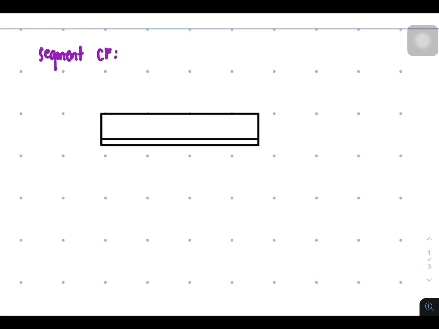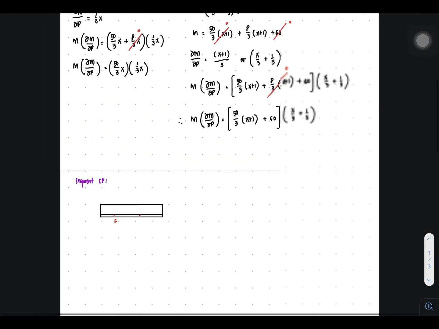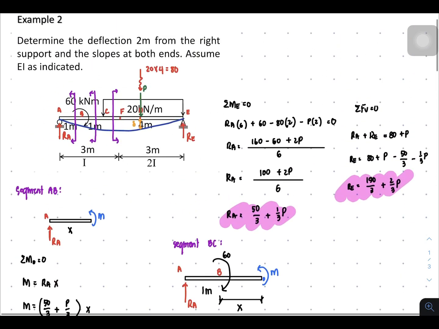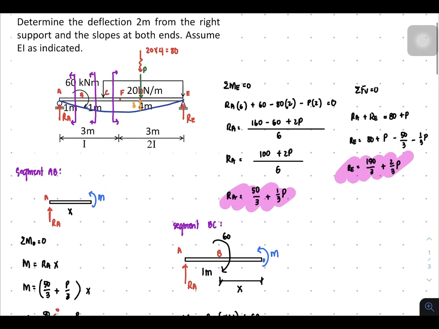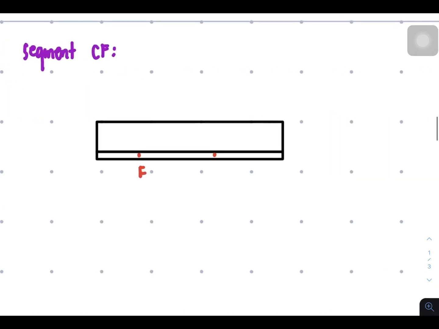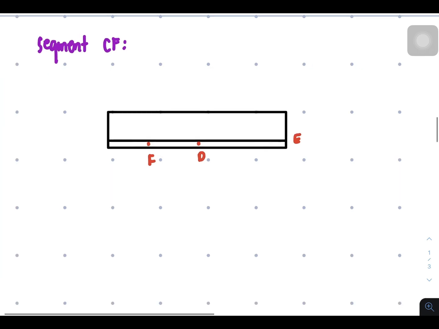So this is point F. This is point, next to F, D, then E. So here, this is D and this is E. And then this is downward here.